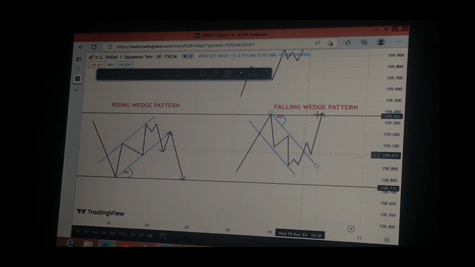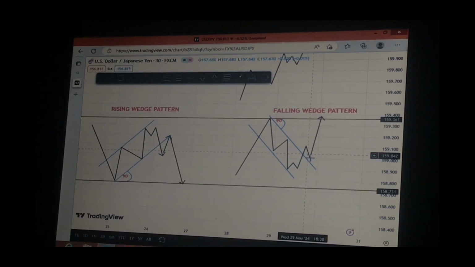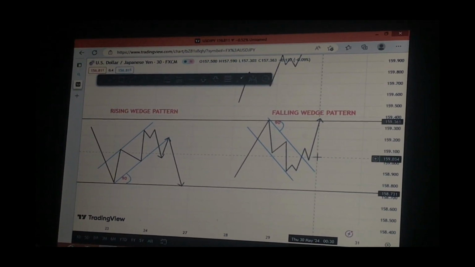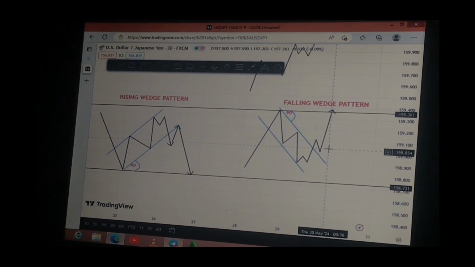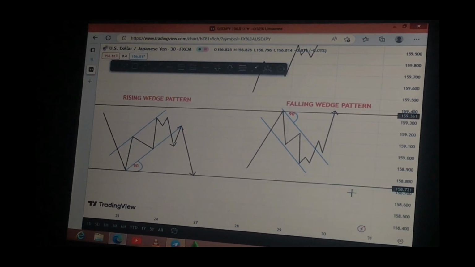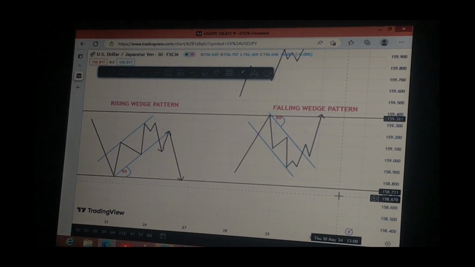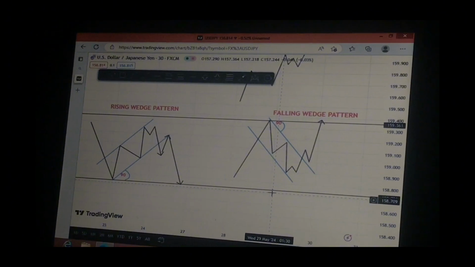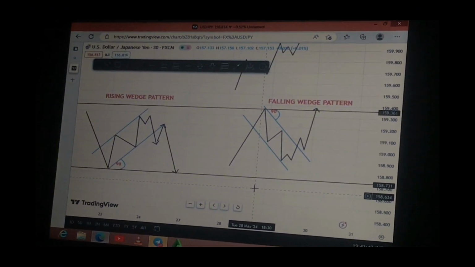Now we're having another impulse, but every time the market breaks the trend line, it has to come back for a retest and then it has to push up. And another thing, every time before the market breaks the trend line, usually it's gonna give you some sort of pattern, something like a double top pattern, double bottom pattern, head and shoulders, whatever. But usually it's gonna give you a double top or a double bottom.